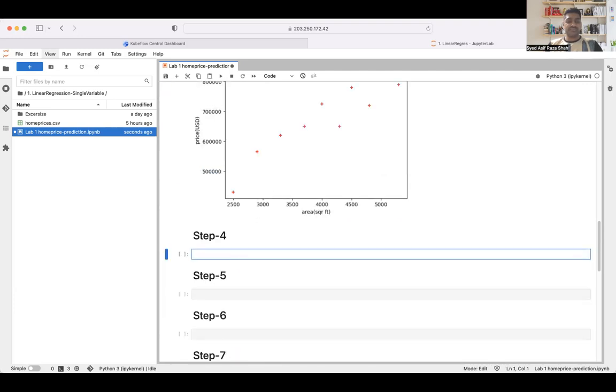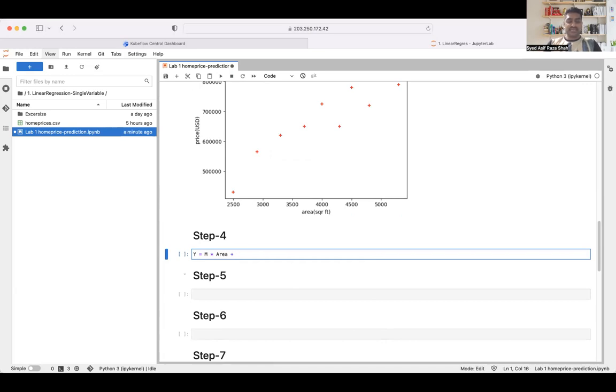In the fourth step, you have to create a new data frame where you drop the price, because we are going to create X. If we check the formula, our formula is y is equal to m into area plus b.